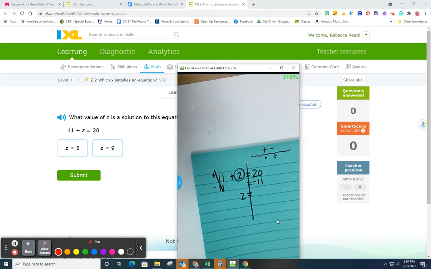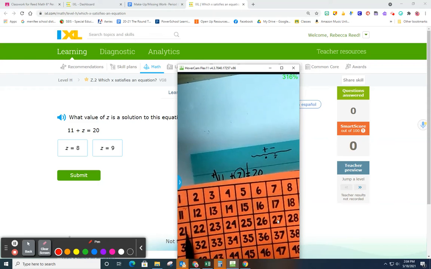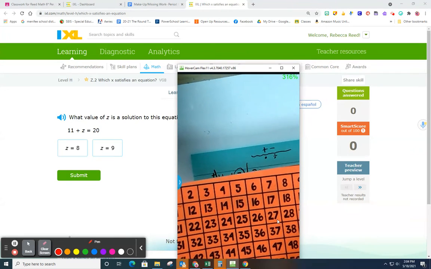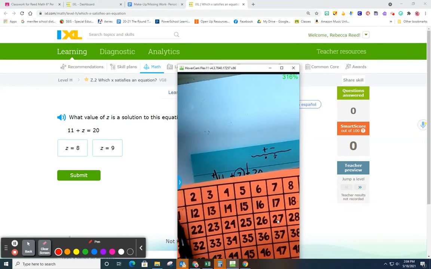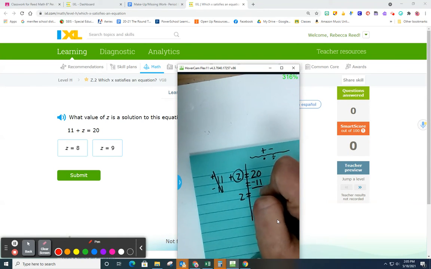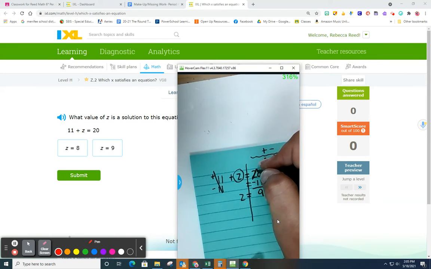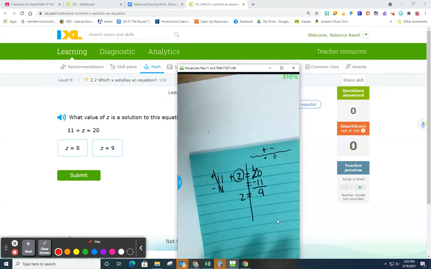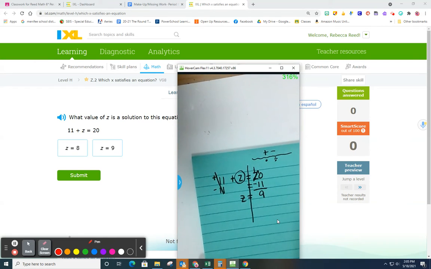Well, I could use my multiplication or my hundreds chart if I wanted to, and I could go 20 and count back to 11. 20, 1, 2, 3, 4, 5, 6, 7, 8, 9, right? I could do that. I could also borrow from my tens place, make that a 1. 10 take away 1 is 9. That's another way you could solve that. So z is equal to 9.